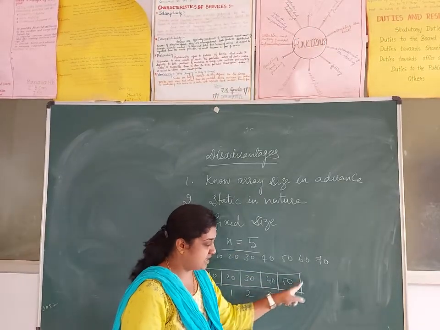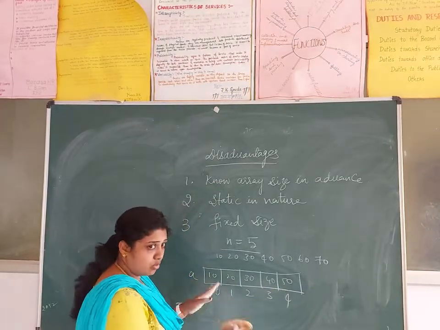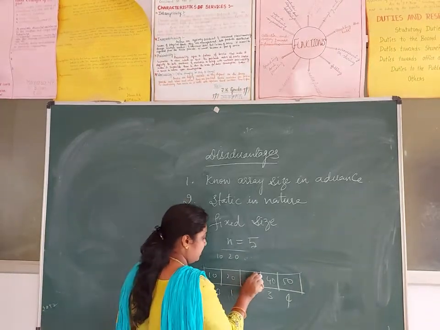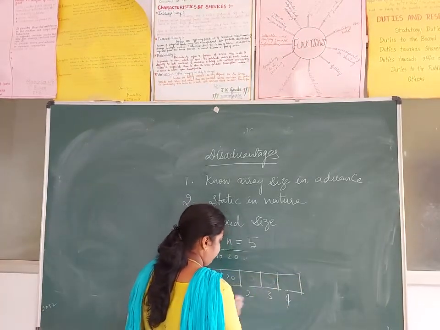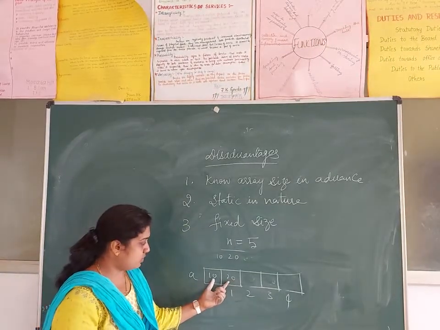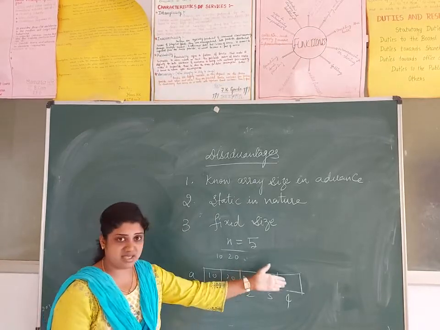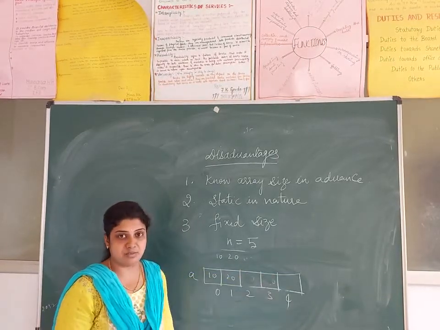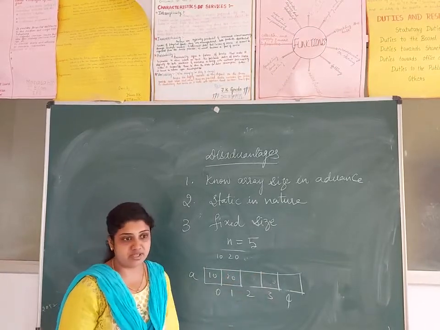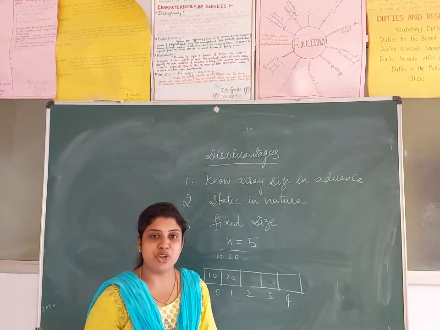Later if I want to extend my memory, it is not possible. Suppose I have only 2 elements, that is 10 and 20. In this size 5, I can use only two memory cells, 10 and 20, and the remaining 3 cells are wasted. They cannot be used for any purpose. So wastage of memory will be there. So whenever you are assigning the size, you have to do it carefully.